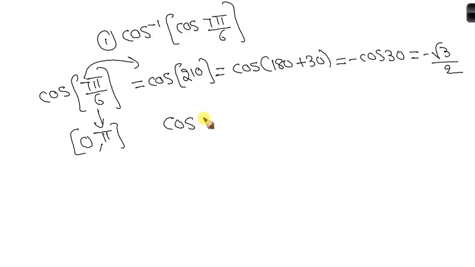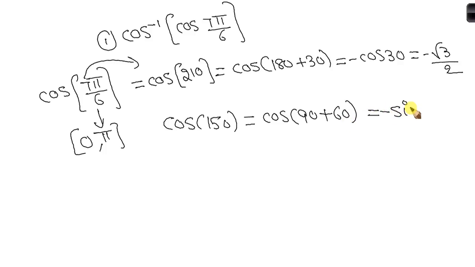So let us take cos 150. Cos 150 is cos of 5 pi by 6, which is cos of 90 plus 60. Cos of 90 plus 60 is minus sin 60, that would be minus root 3 upon 2. So cos 150 is minus root 3 upon 2, the same as cos 5 pi by 6.